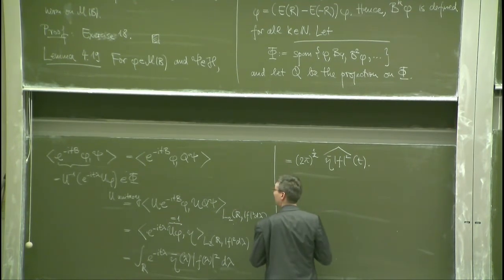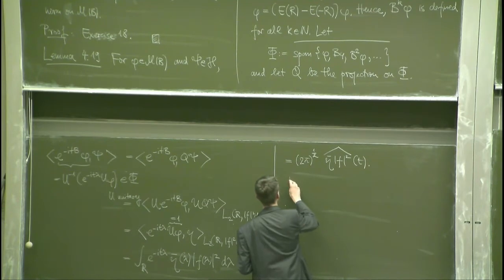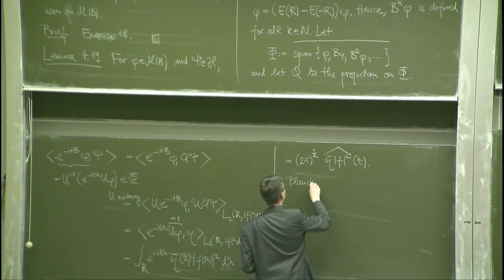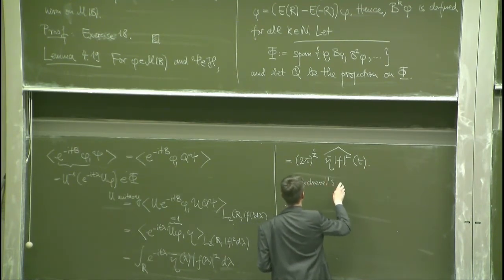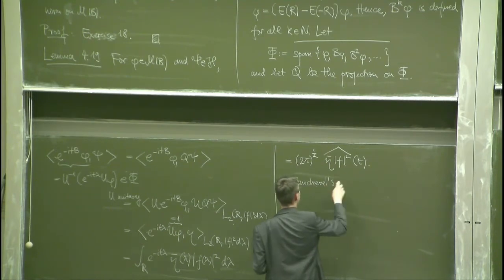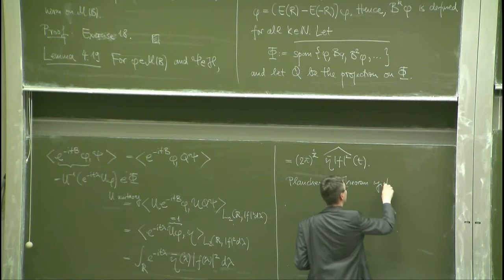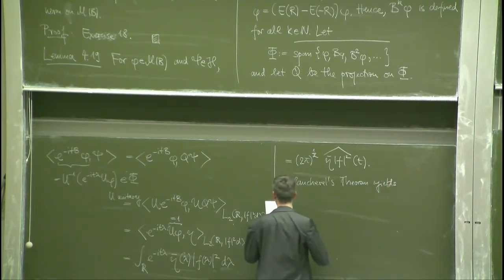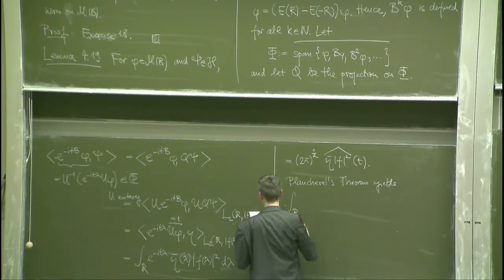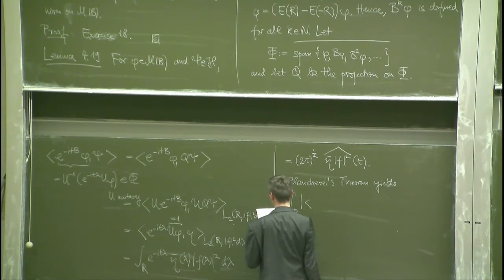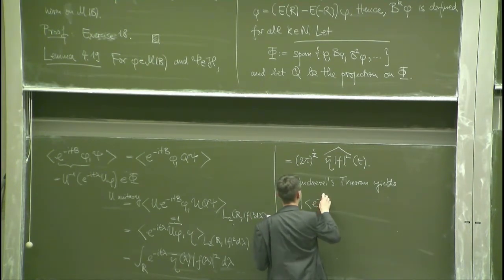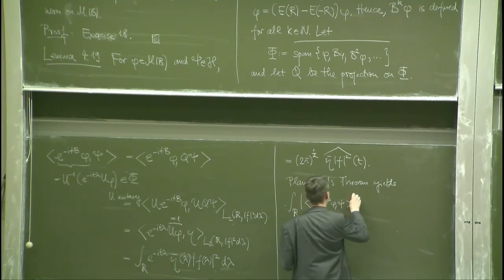Yeah, but now we can apply Plancherel's theorem. So Plancherel's theorem yields that the integral over R, absolute value of the scalar product of exponential minus i t B phi psi to the power of 2 dt.